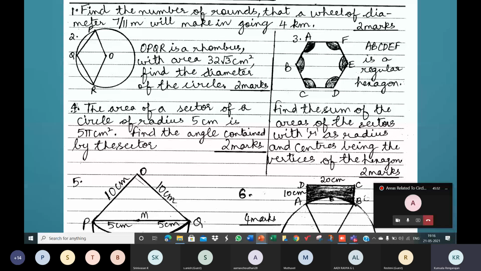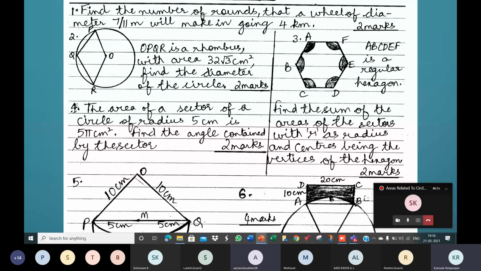Please check and let me know. Please tell me the sum of the five angles of a pentagon. 540.